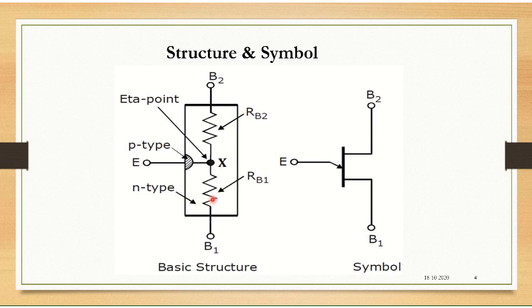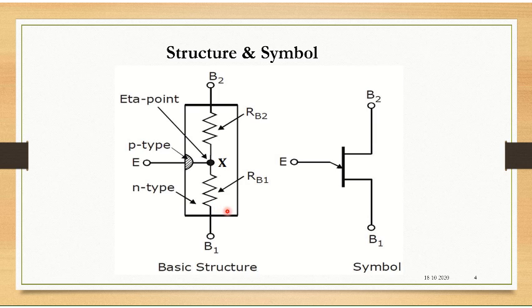So the total interbase resistance RBB can be split into RB1 and RB2. RB1 is shown with an arrow indicating that it is variable, because during operation of the UJT, RB1 can vary from 4 kilo ohms and drop down to 10 ohms.